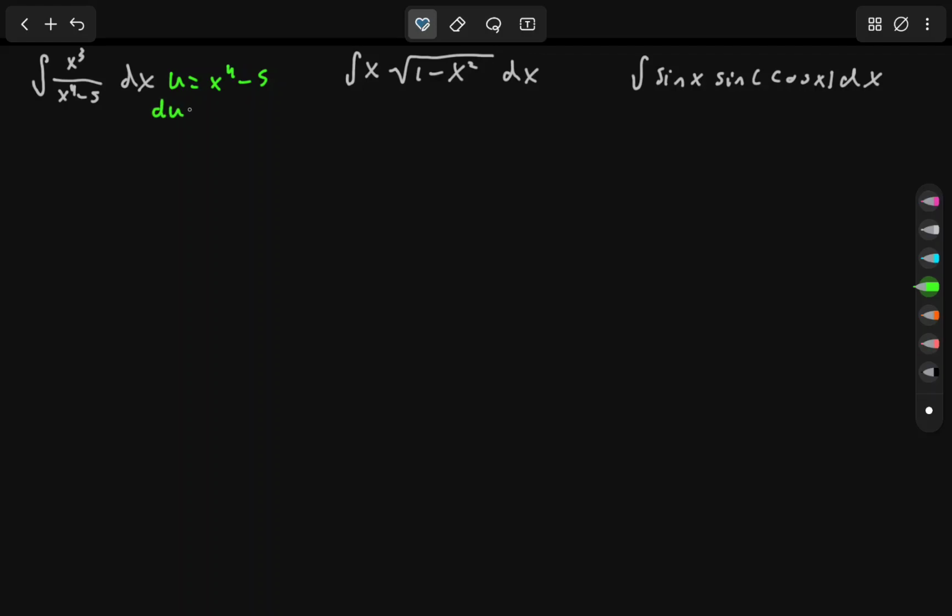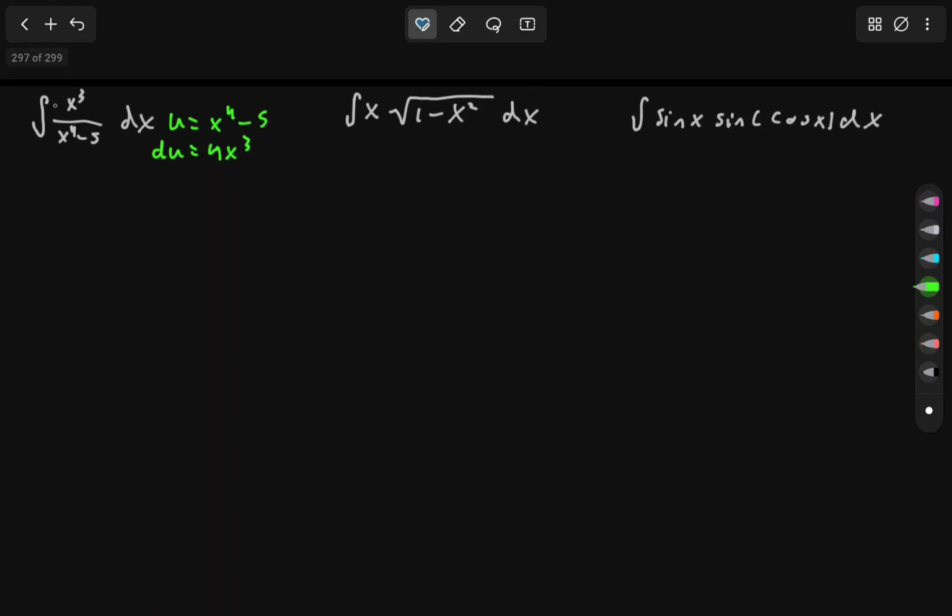So then our du is going to be 4x cubed. And the derivative of a constant is 0. So we just have to add in a 4, and then 1/4 to divide by 4. Now we can use our substitution, and we will get the integral of 1/u.